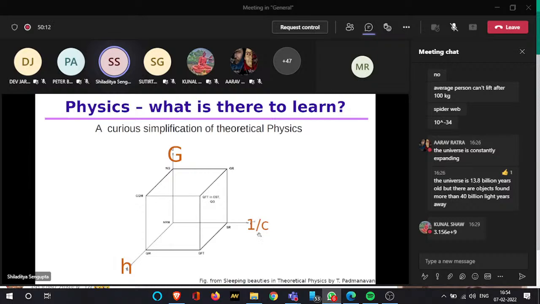So 1 by c is 1 means the speed at which things are moving is comparable to the speed of light. That is called a relativistic regime.